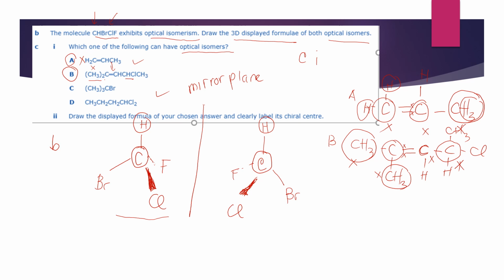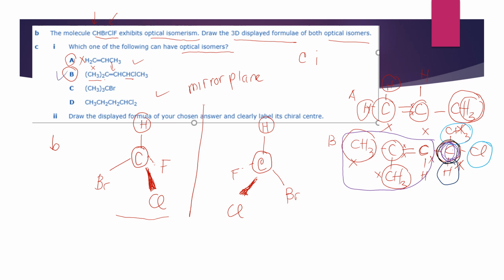Because this carbon is attached to methyl, chlorine, hydrogen, and this, all different. So this one is the chiral center. So the answer is B.